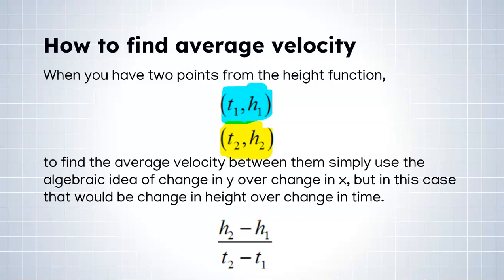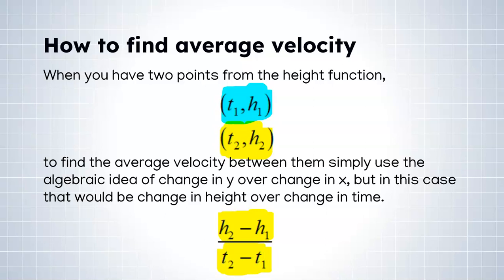So to find the average velocity between these 2 points, we're simply going to use the old algebraic idea of change of y over change of x. But in this case, it's going to be change of height over change of time. So we're going to subtract our heights, my y values, my output values, as my numerator, over subtracting my x's, or my times, that's my independent variable, in the denominator.